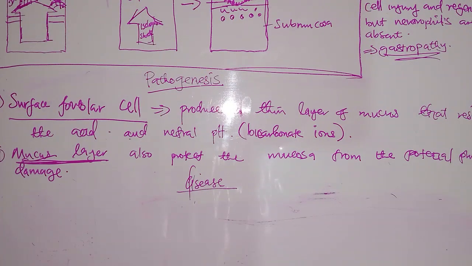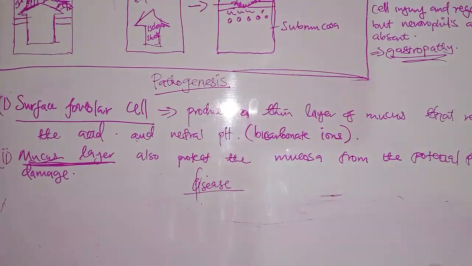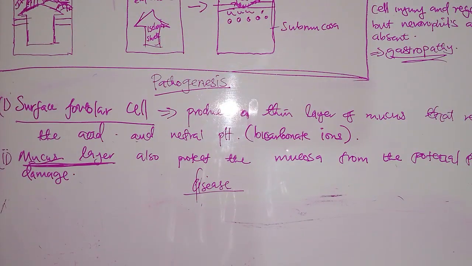One factor is known as urease. Urease inhibits the gastric bicarbonate transporter. So this bacteria has an enzyme known as urease.